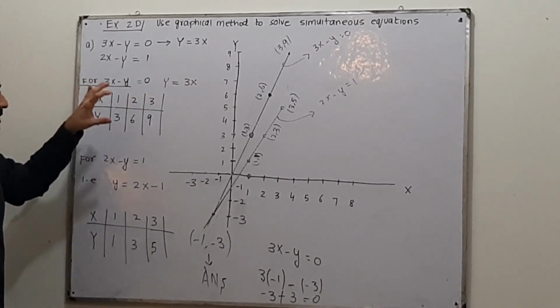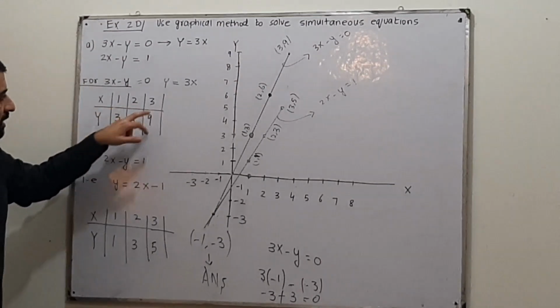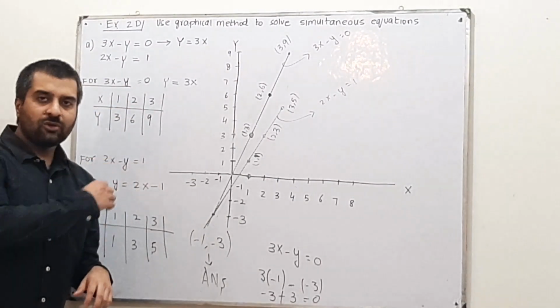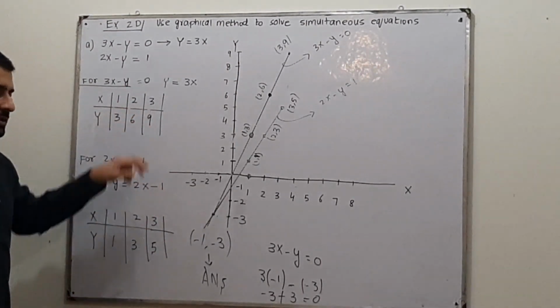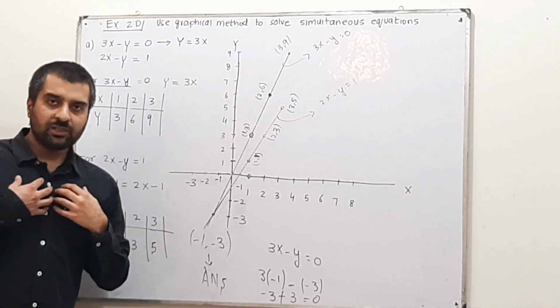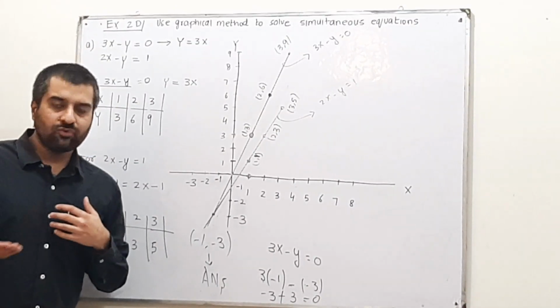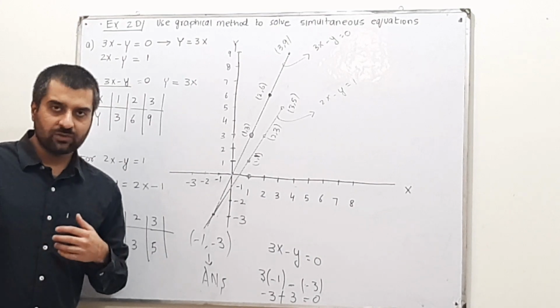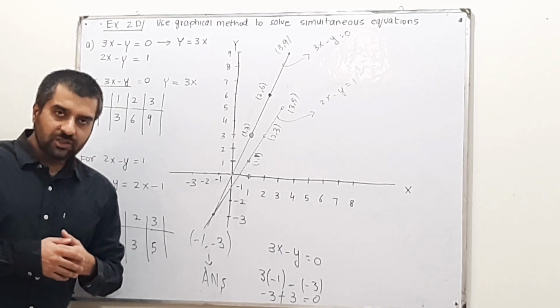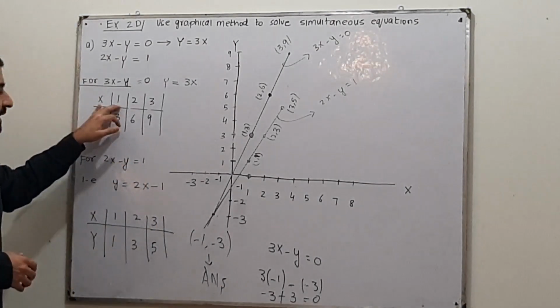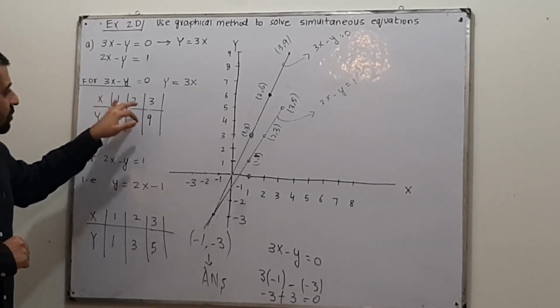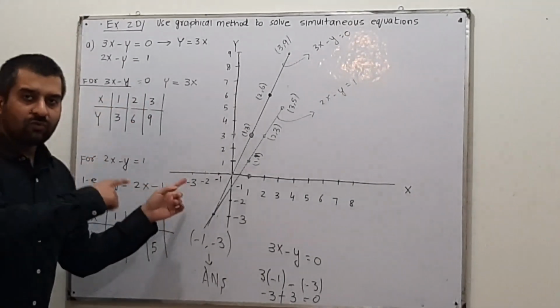In the table, I have assumed these values of x, that is 1, 2, 3. These values are assumed by myself. You have to assume the values for x by yourself, and for these values of x, 1, 2 and 3, you have to find the values of y.